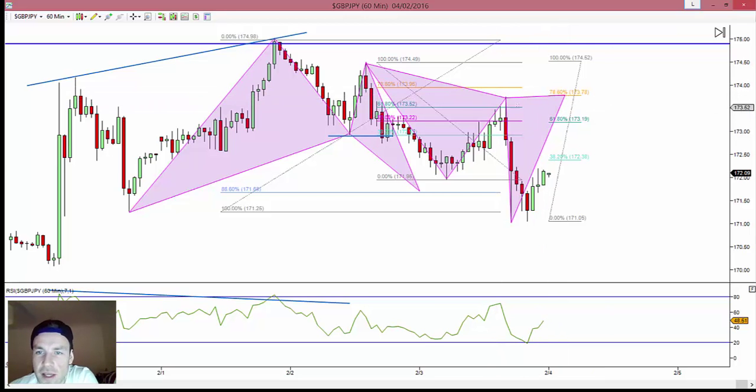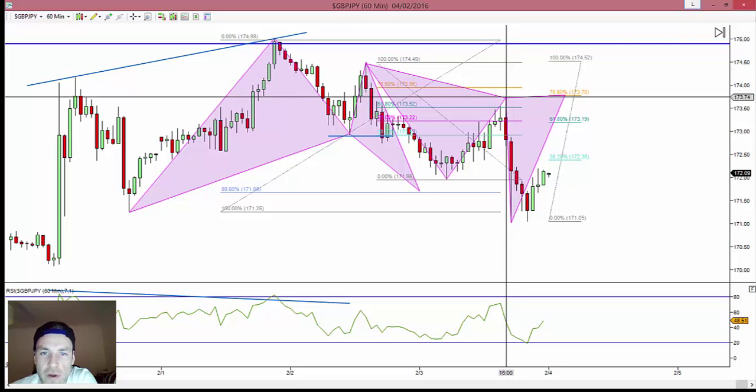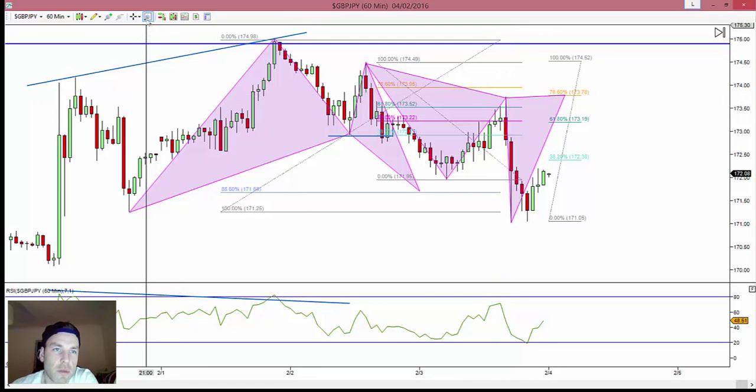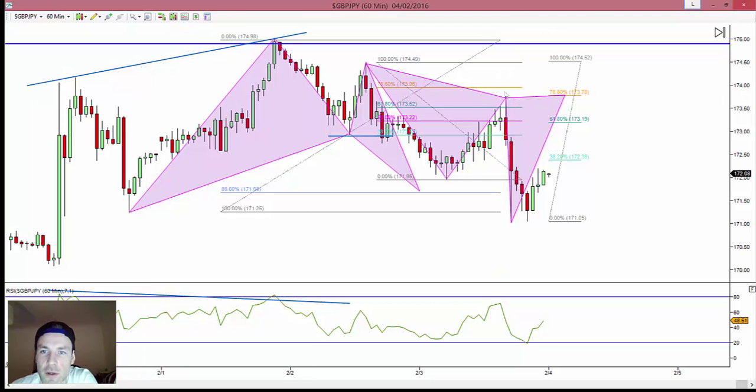Now this cipher pattern that we've got here wouldn't have been valid at all. We needed to close above the B leg here in the middle. Let me just get that pointer on again. So we needed to close above there, and we only just made it. We just did it. It's valid. I have to take the pattern.